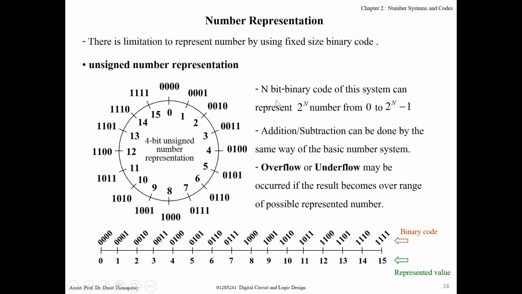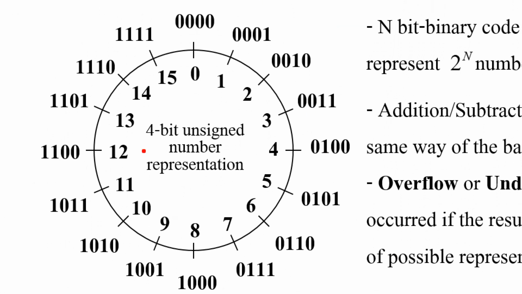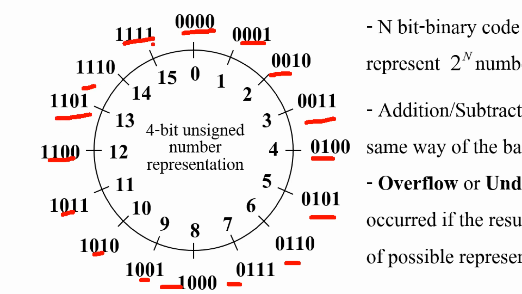So today we will use binary code to represent numbers with some specific fixed size. For example, if I use 4 bits, it can represent different values up to 16.